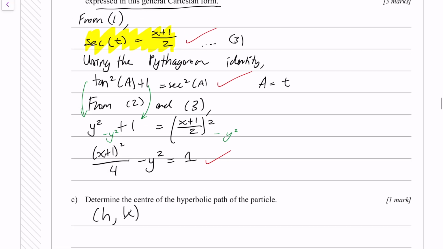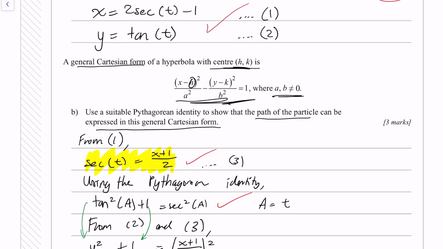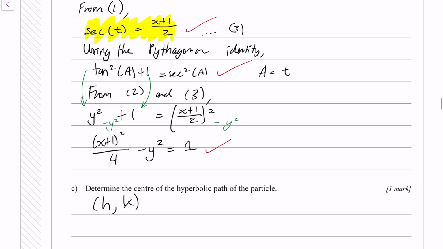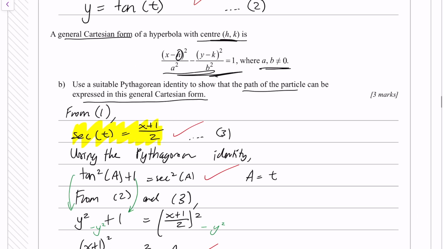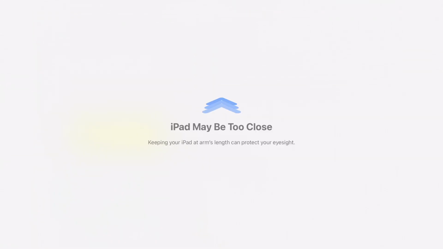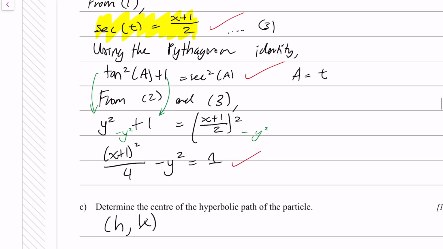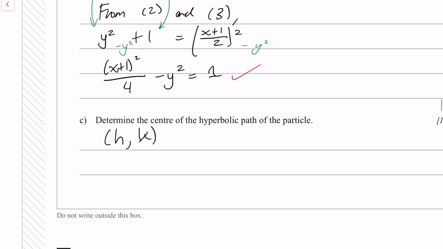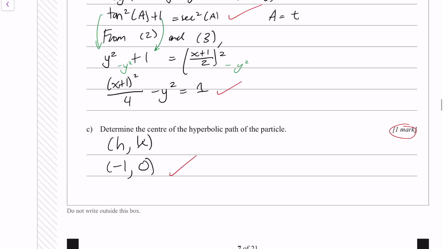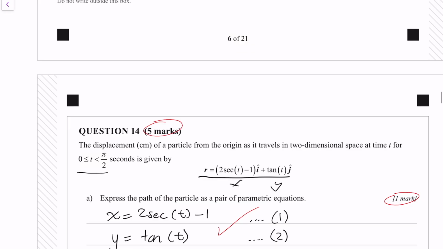And therefore, if I know my general equation has a minus h and my actual equation has a plus, which is +1, then I know that it's actually going to be -1 when I substitute that. And then k will obviously be 0. We've mentioned that. So that's that mark there. And that's full marks for question 14.